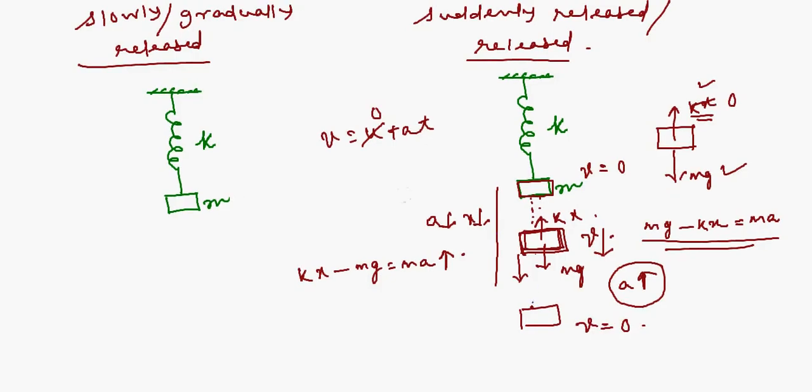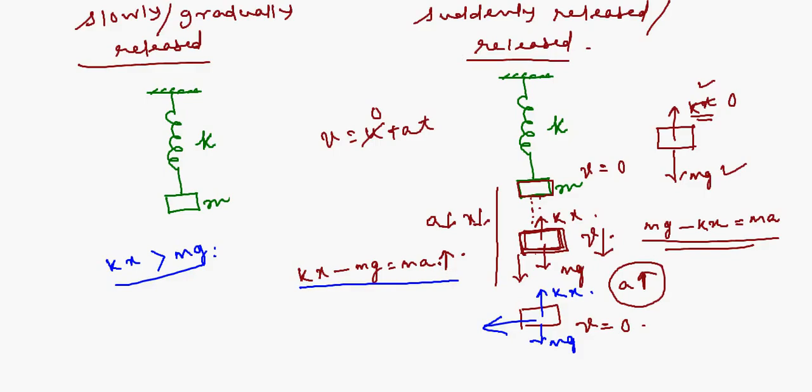At this point, this block is getting a force mg downwards and kx upwards. This kx is greater than mg, or kx minus mg is ma. From this point, the block will move up.